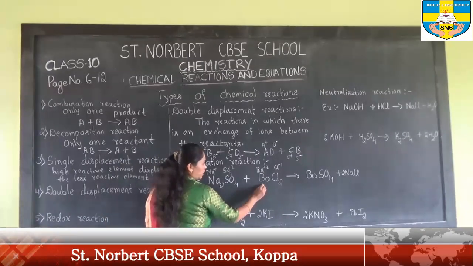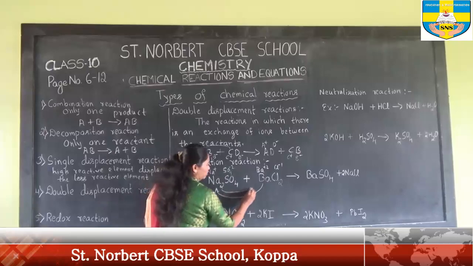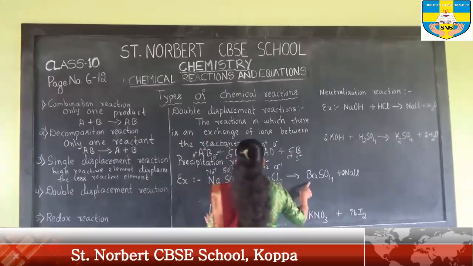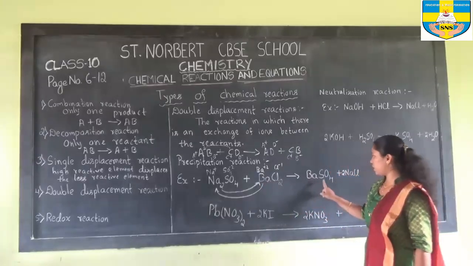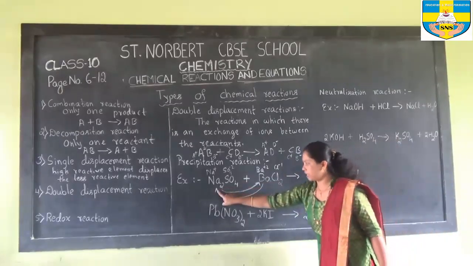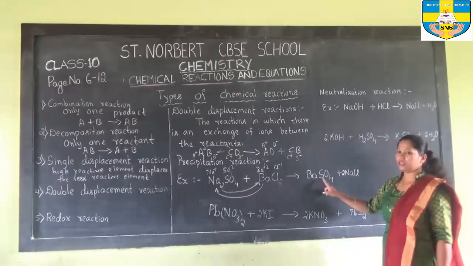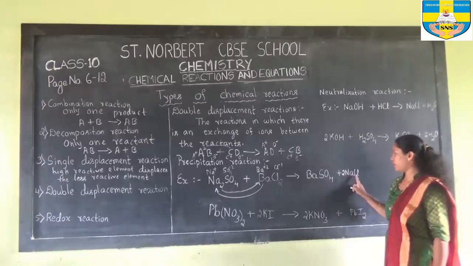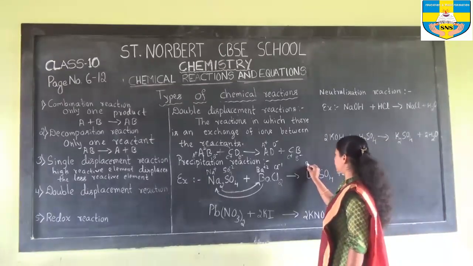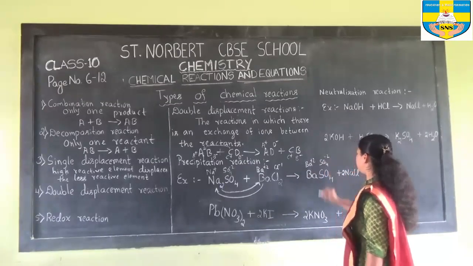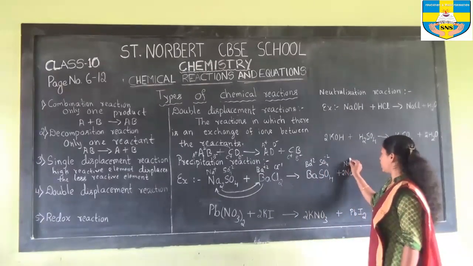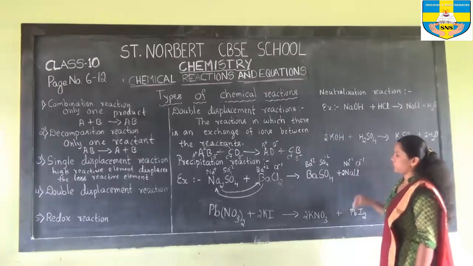Now a cation exchange takes place. So the products are BaSO4 and NaCl. Here Ba 2 plus, SO4 2 minus, Na plus, Cl minus.